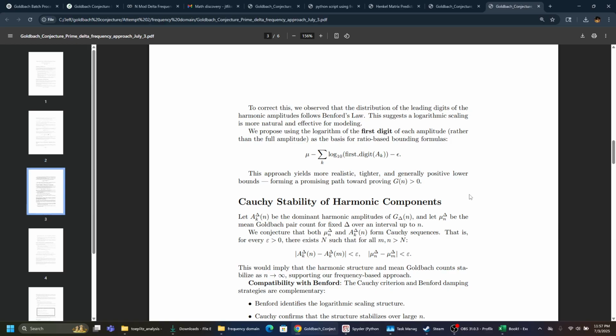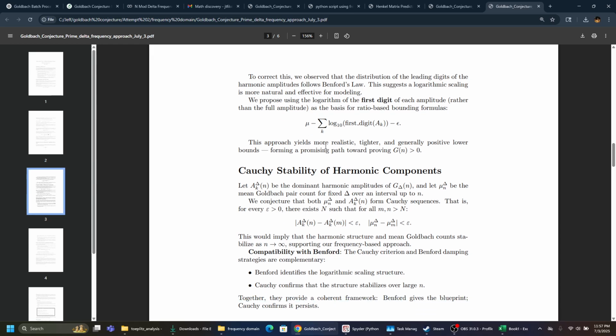The amplitude's too large, so we're dampening it so we can constrain the formula without breaking it. We applied the log of the first digit of the amplitude. I know that's crazy, but Benford's law allows us to do that. As you can see here, it yields realistic, tighter, and generally positive bounds.